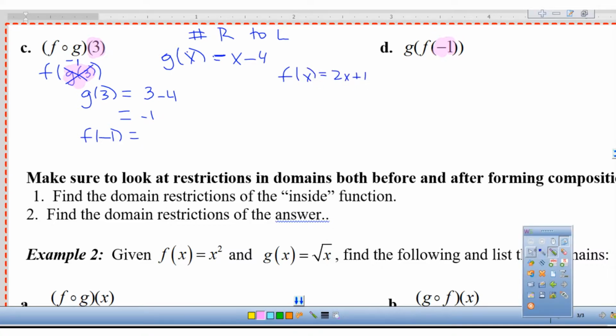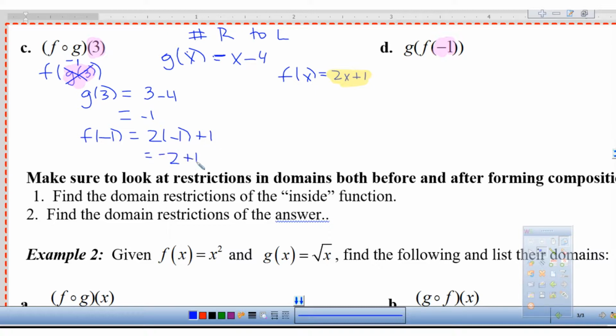So wherever I see an x, I put in negative 1. So it's 2 times negative 1 plus 1, which is negative 2 plus 1, giving me a negative 1. You only have one answer, and that's your final answer. So the answer is negative 1.